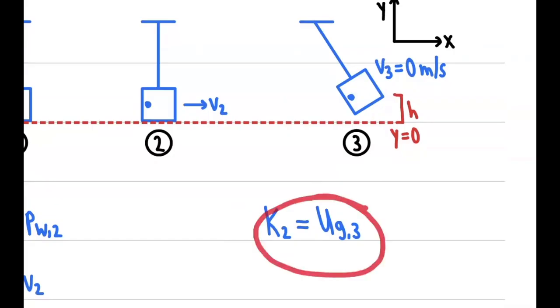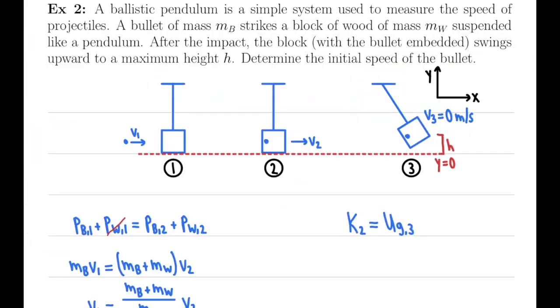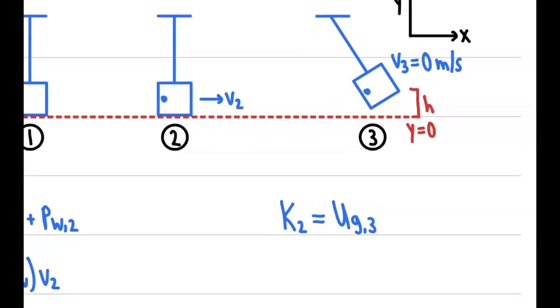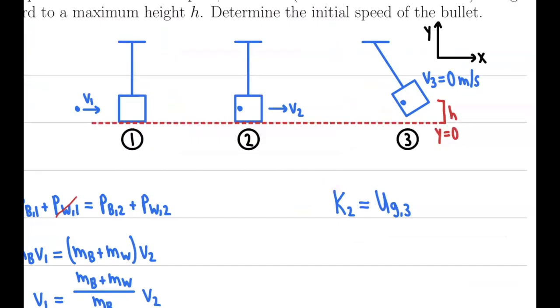We have that the total mechanical energy is conserved as the block swings, from 2 to 3. The kinetic energy is not conserved because we lost some kinetic energy due to sound and deformation and all that stuff. So what kind of collision is this? This is very inelastic. Specifically, it's a completely inelastic collision because everything sticks together; the bullet is embedded in the block.